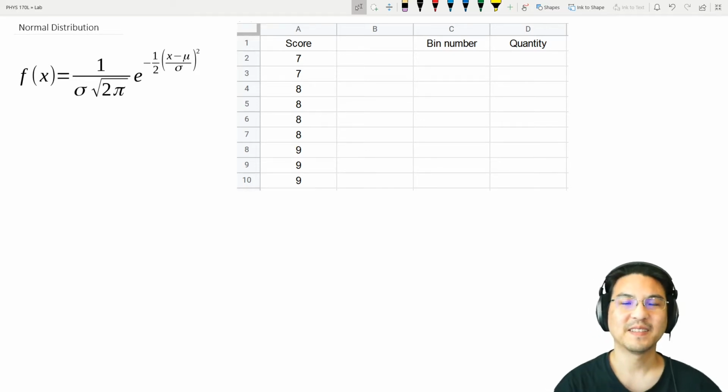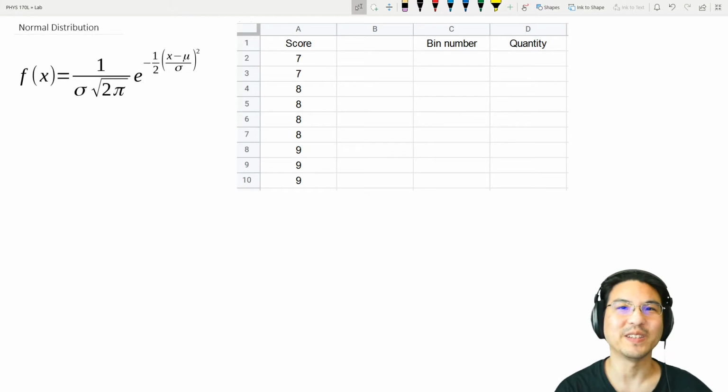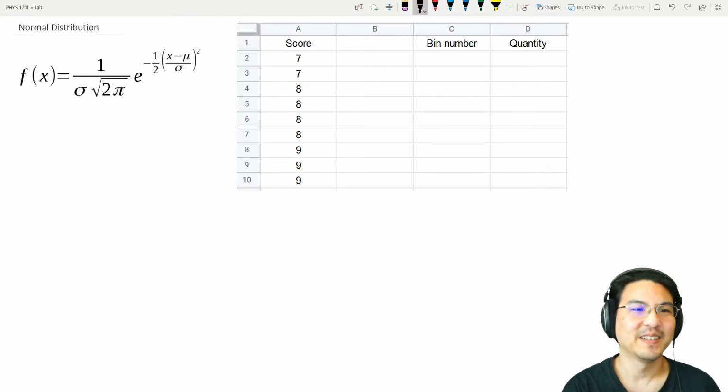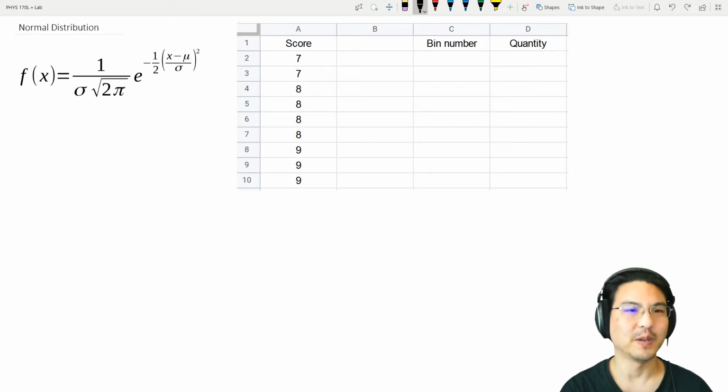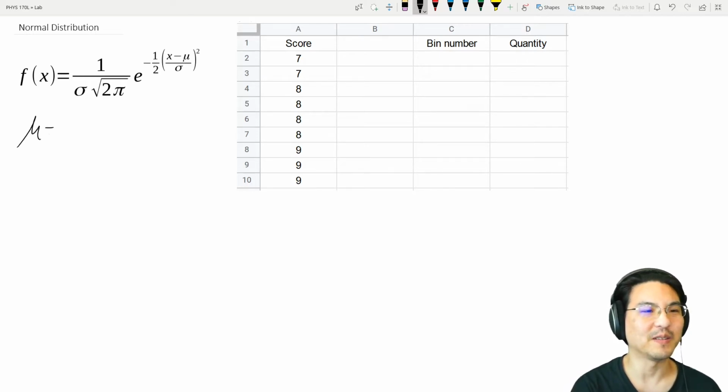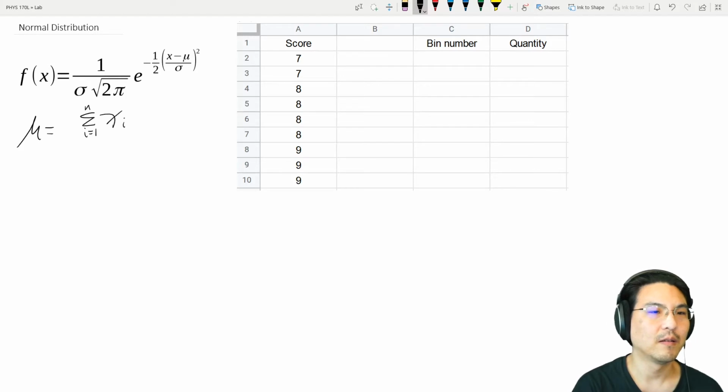Hey everybody, let's analyze our normally distributed data now. So this is the normal distribution function, but we need the mean and the standard deviation. The formula for the mean looks like you add up all the data points divided by the total number.